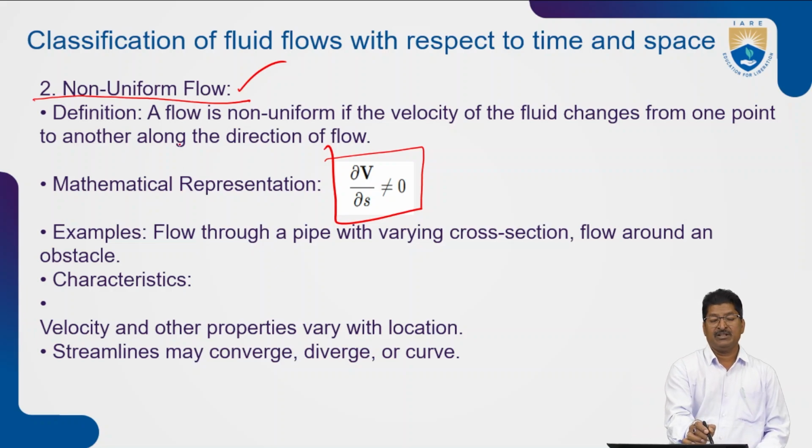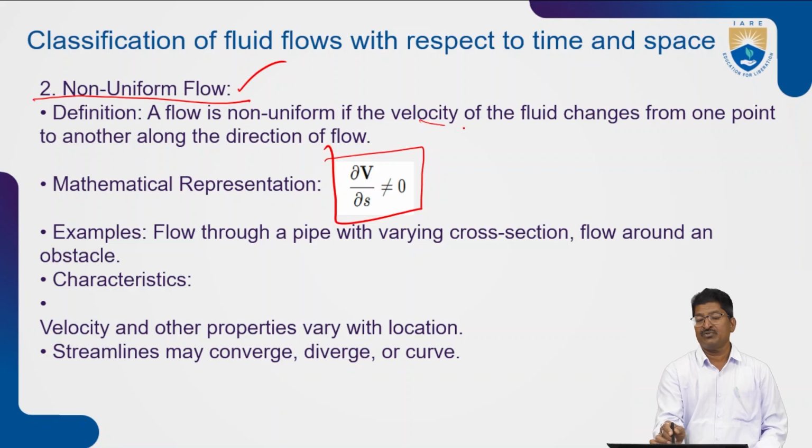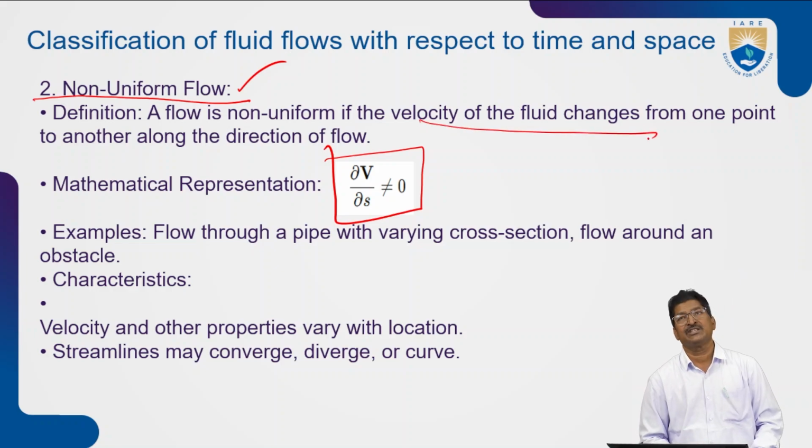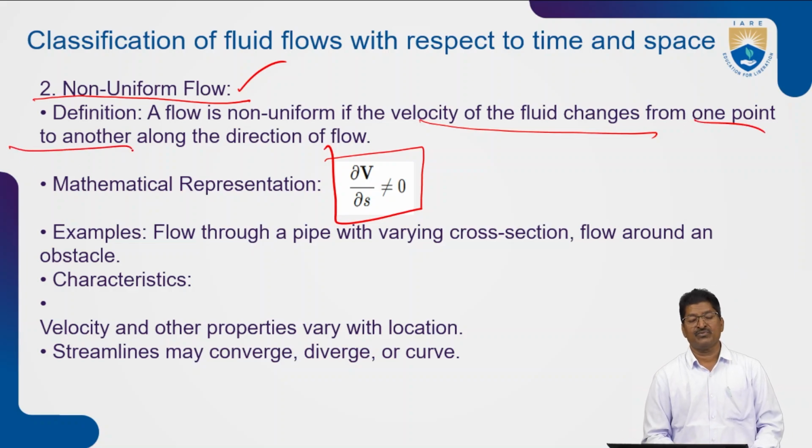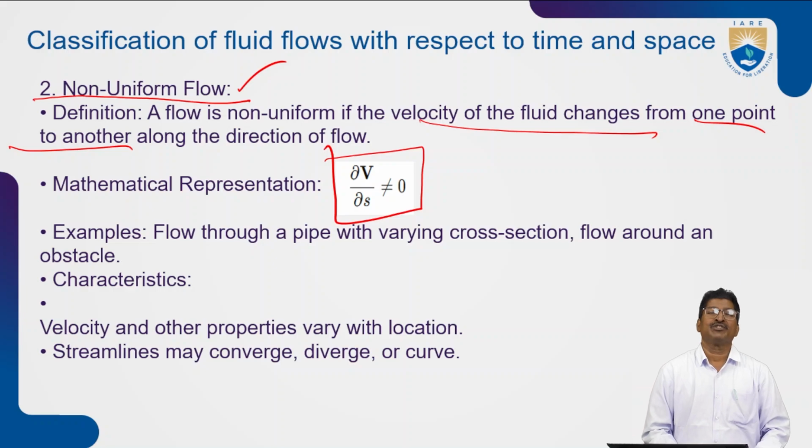So here you see a definition. The flow is non-uniform if the velocity of fluid changes, that is, the velocity is different from one point to another point along the direction of flow. Then that is a non-uniform flow. So steady flow, non-uniform flow, what is the difference?